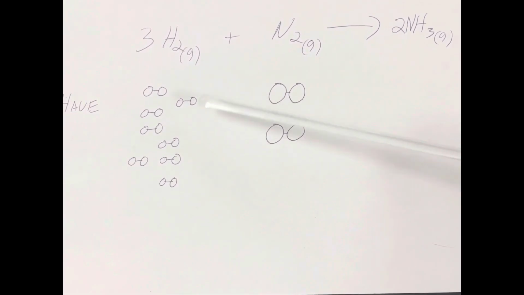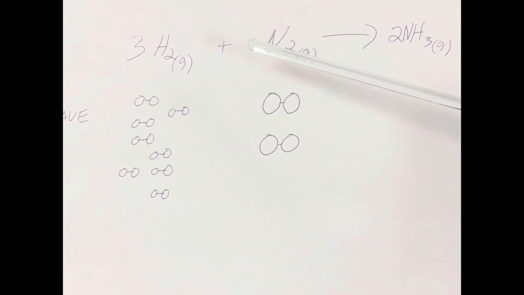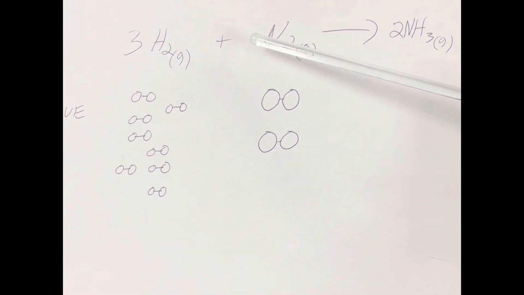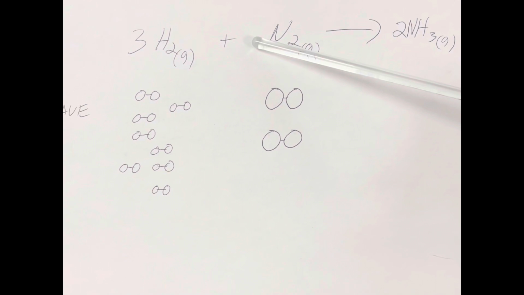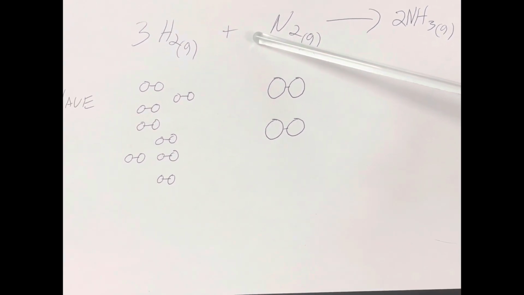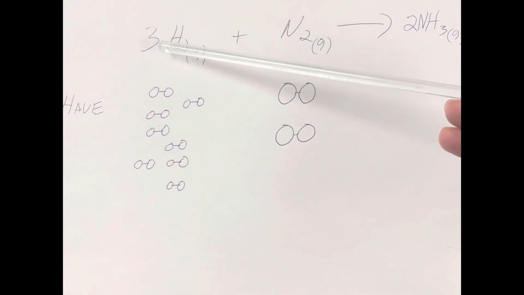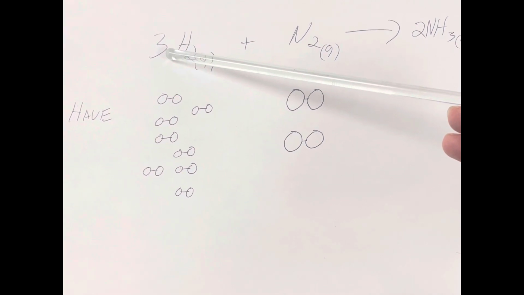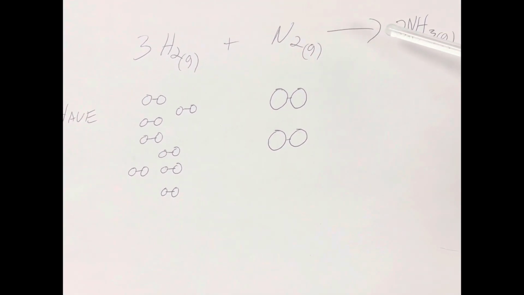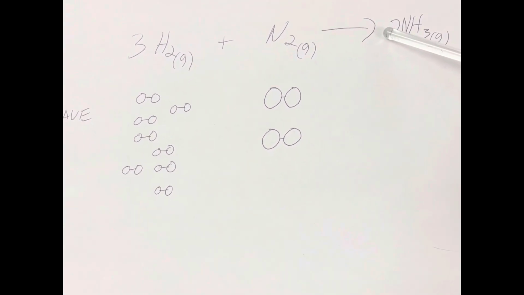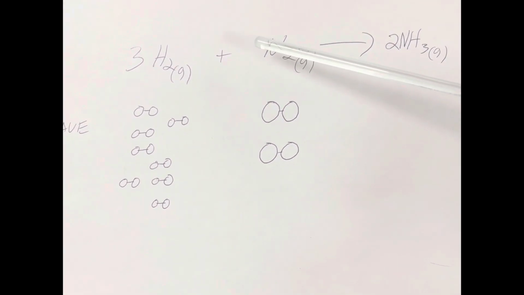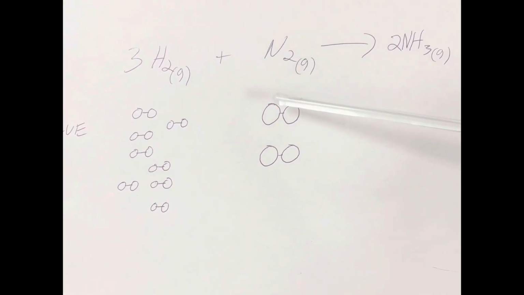These are going to react following the stoichiometric coefficient. So for every 1 molecule here, we're going to consume 3 molecules here, and we're going to produce 2 molecules here. We don't have 1 molecule, though. We have 2.